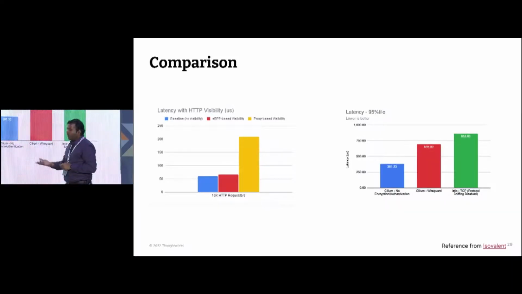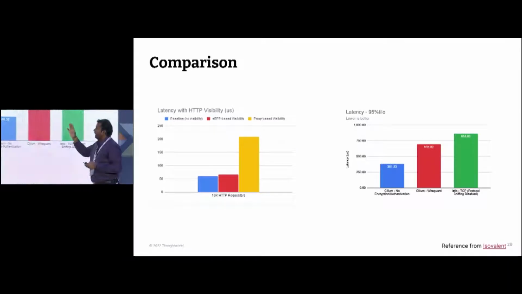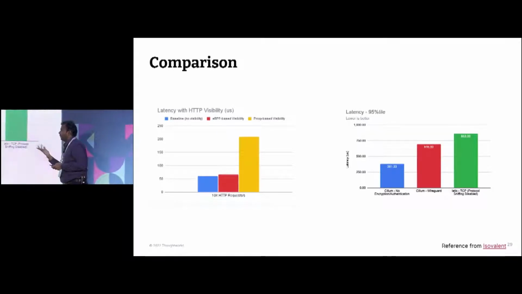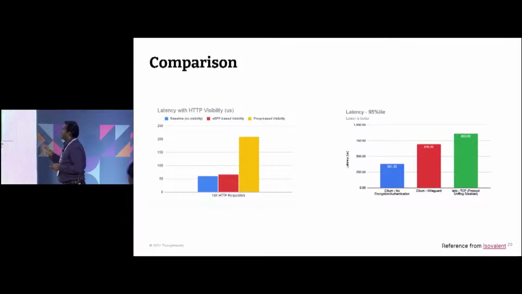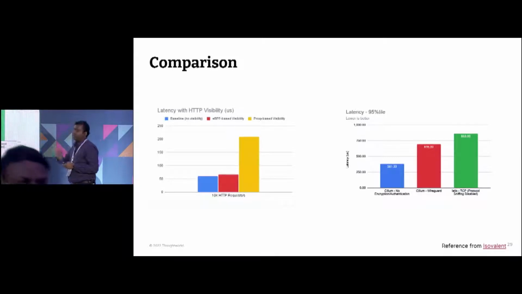If you want observability on top of whatever you're doing, then latency increases a bit. And the yellow one is the sidecar model, and you can see the latency is almost more than 100% higher.